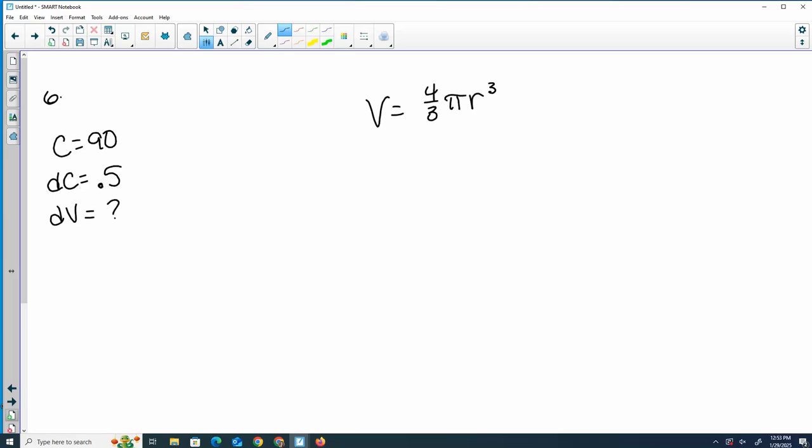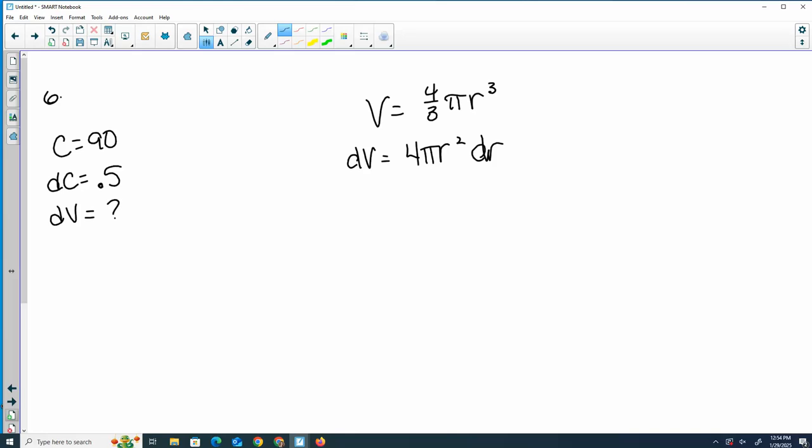But okay, so if I want this, what do we have to do? Derivative. So when I do the derivative of V, if I'm doing differentials, it becomes dV. The 3 comes down, so it's 4 pi r squared dr. So here's the problem. I have dV, but do I have any information about r or dr?